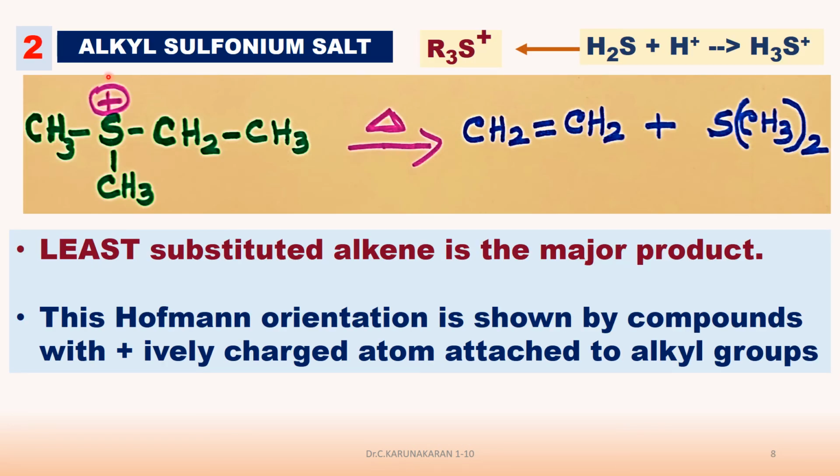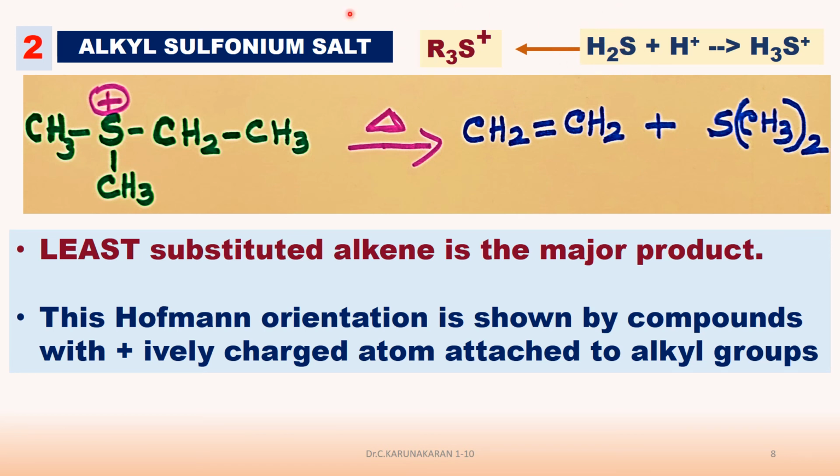Another example: alkyl sulfonium salt is a derivative of H3S+. H3S+ is formed by reacting H2S with H+. Alkyl sulfonium salt is formed by reacting H2S with alkyl halide.